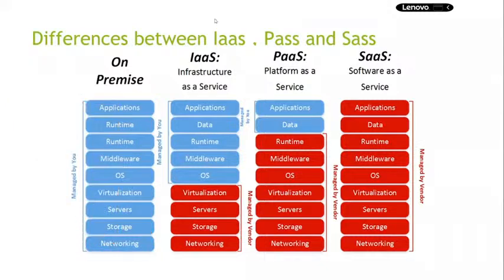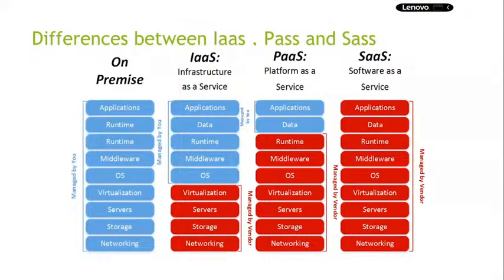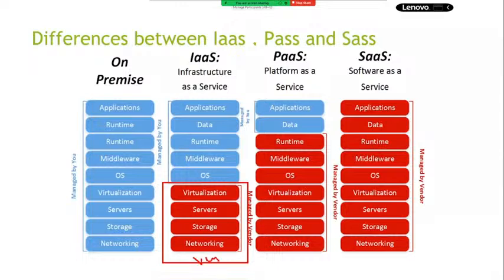That is on-premises. Next, in the cloud, if you go for Infrastructure as a Service, see guys, carefully observe the things highlighted in red color; those will be taken care of by the vendor. Now, would you like to deploy a Windows operating system or Linux? That totally depends on business requirements.